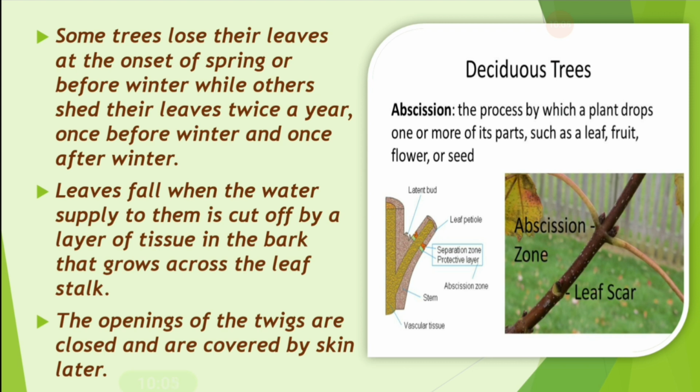Here in abscission, the water supply of the leaf is cut off by a layer of tissue in the bark that grows across the leaf stalk, and later the opening of the tube is closed and is covered by skin later. As you can see in the picture also, there is a leaf scar or mark. So in this way leaves are shed.